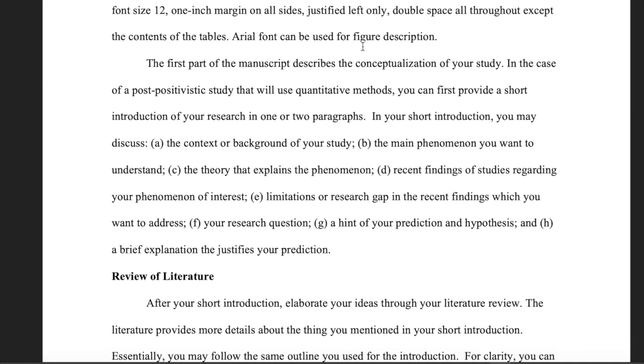So that is what the introduction contains.